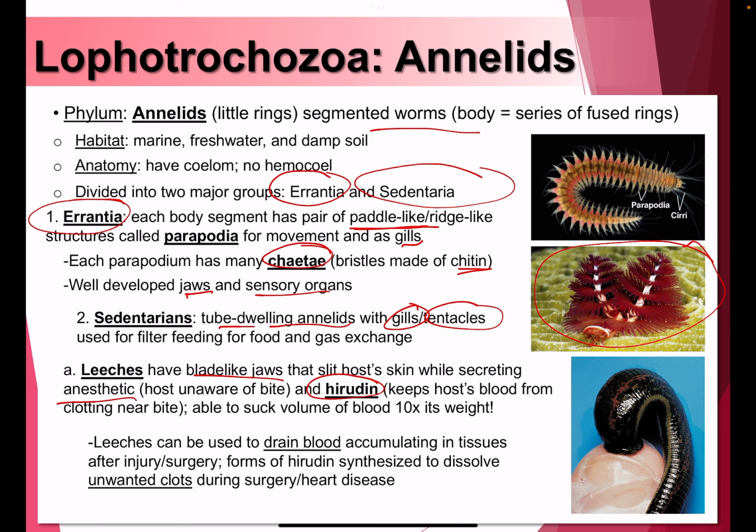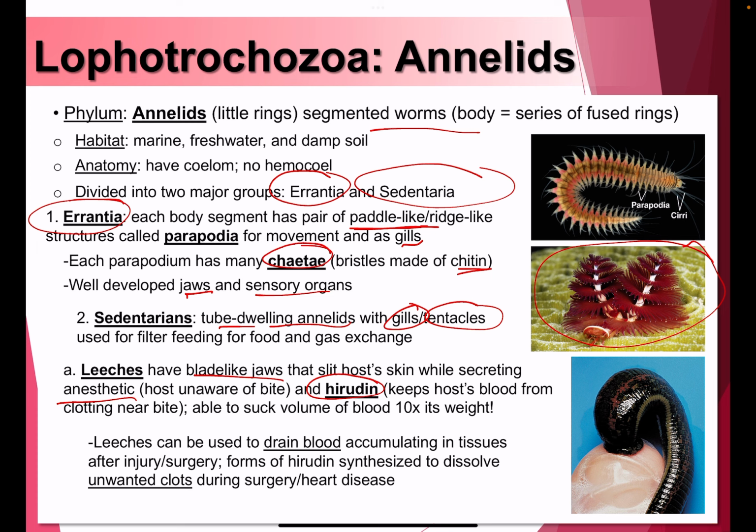Well, they're trying to suck your blood in for these leeches as their food source. So they don't want your cut or injury site to be clotting. So hirudin is what keeps the host's blood from clotting near the bite so they can continuously suck blood out without having to make another cut because your cut already started to clot.